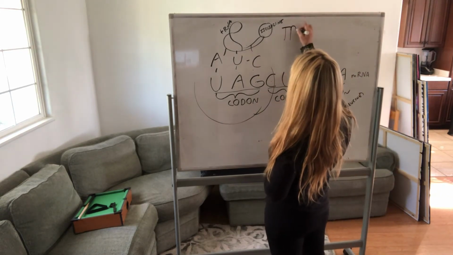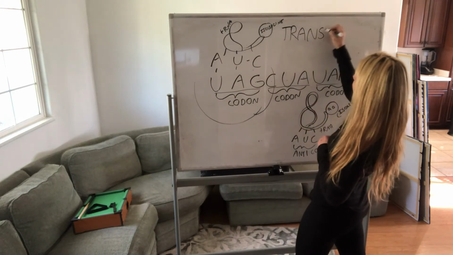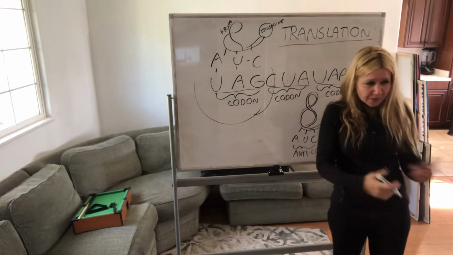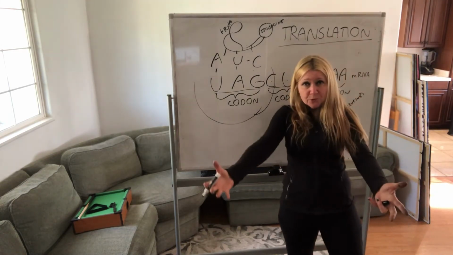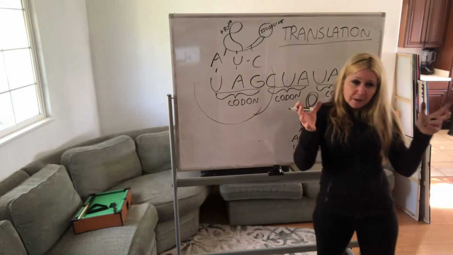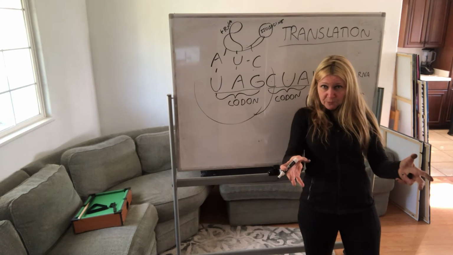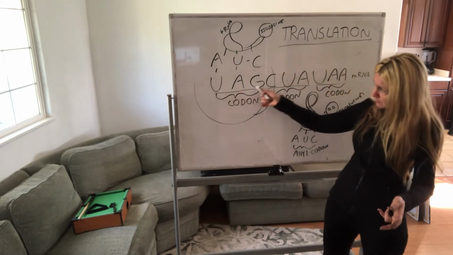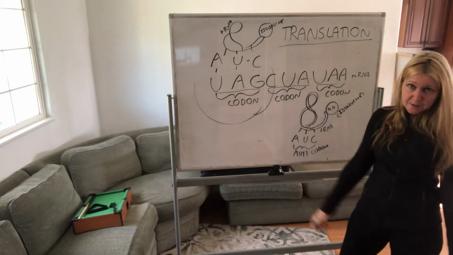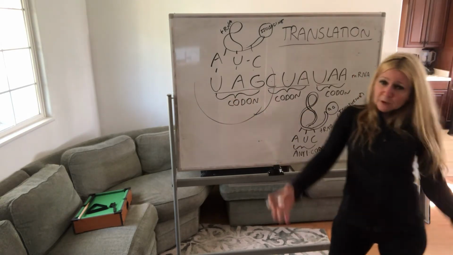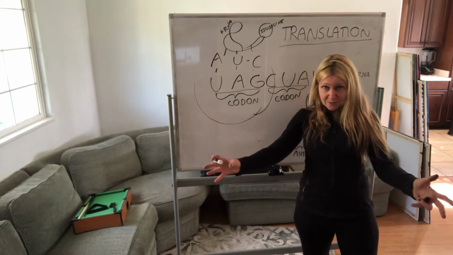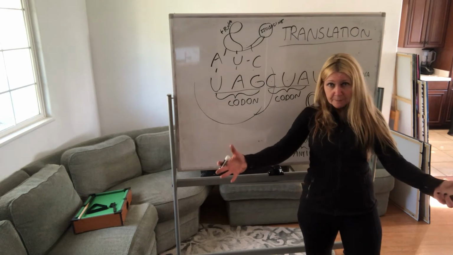So translation is when you're going to translate, like translating from one language to another, which is really what's happening here. We're translating from the genetic code language, which is made up of these bases, three-letter words, codons, anti-codons, to the language of amino acids or proteins.